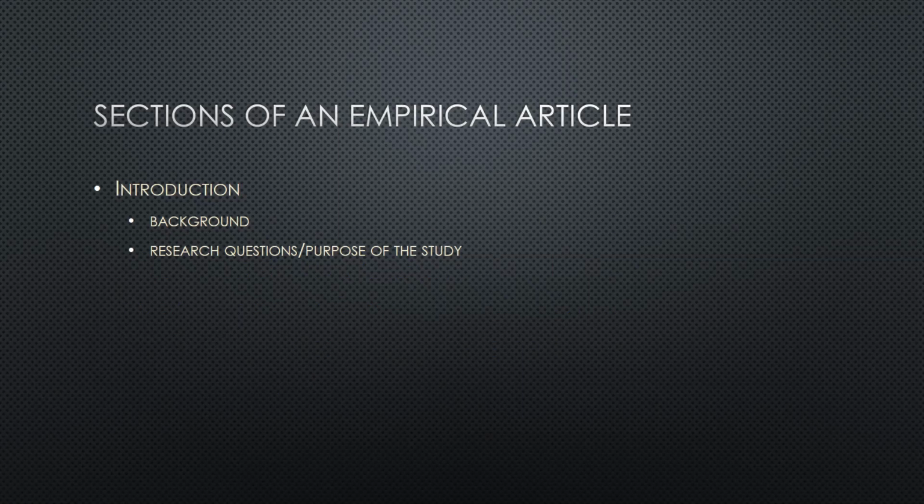They'll give you the background on that, and everything that we know about that up until then. Then after the background, they will tell you at the end of the introduction section what their study is specifically looking at. So we know all this, and now our study is going to investigate X and Y. And so the research questions and the purpose of the study always come towards the end of the introduction.